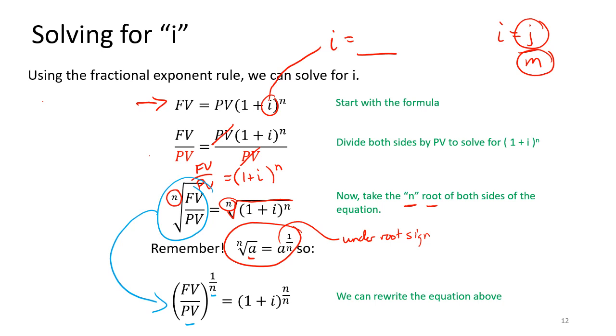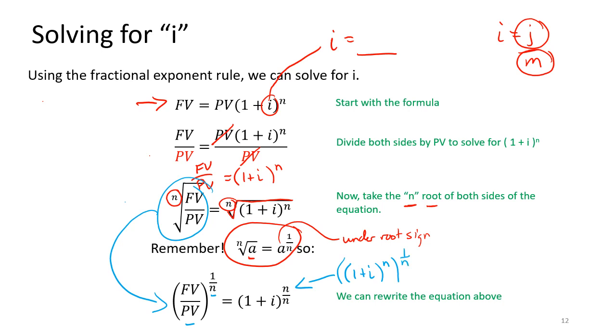On the right hand side, I've done the same thing. I've taken everything under the root sign, 1 plus I to the exponent n, and then taken that to the exponent 1 over n.